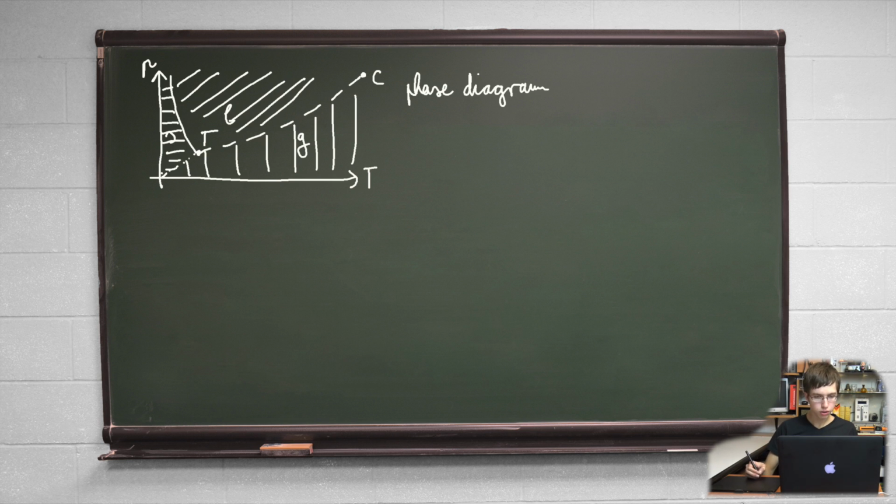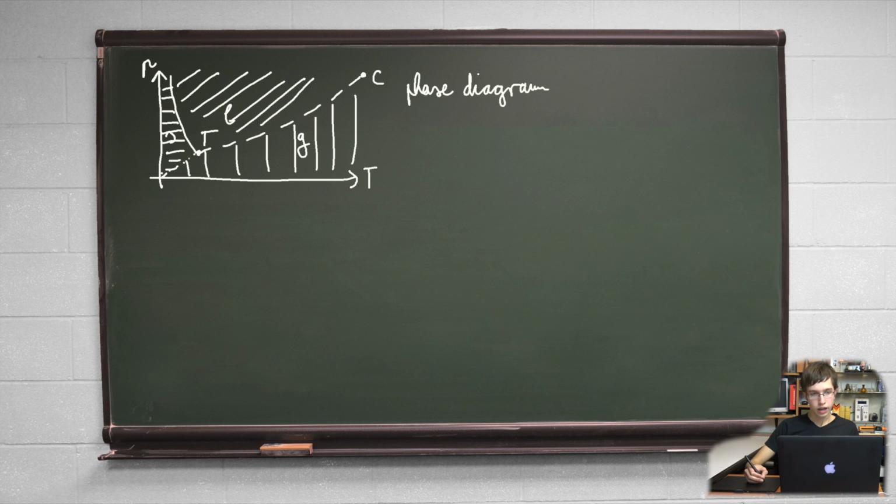So we have the solid line drawn, this line between solid and liquid phase, which represents melting, or freezing point, since it is the transition from solid to liquid, or from liquid to solid phase.